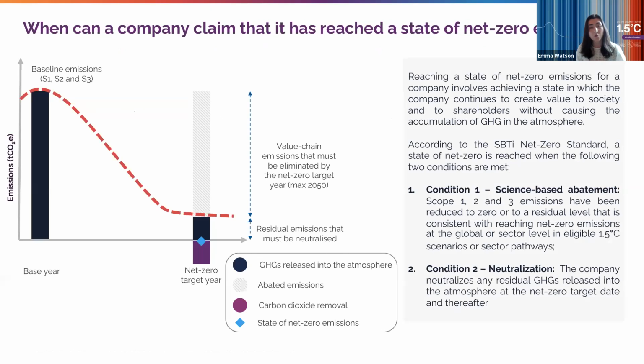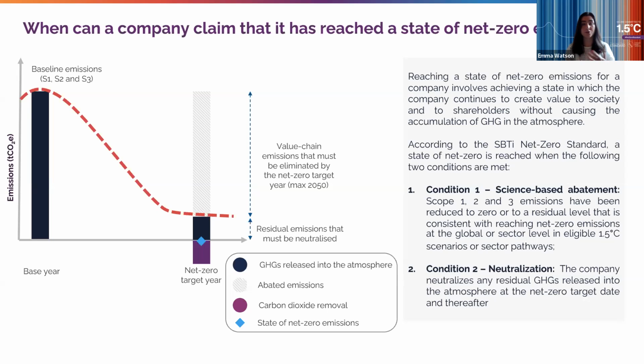And another key question that we get is, when can a company claim that it has reached a state of net zero emissions? So really, this is when the company has reached its long-term science-based target, as explained in the previous slides, and then neutralized their emissions. So the first condition is science-based abatement.